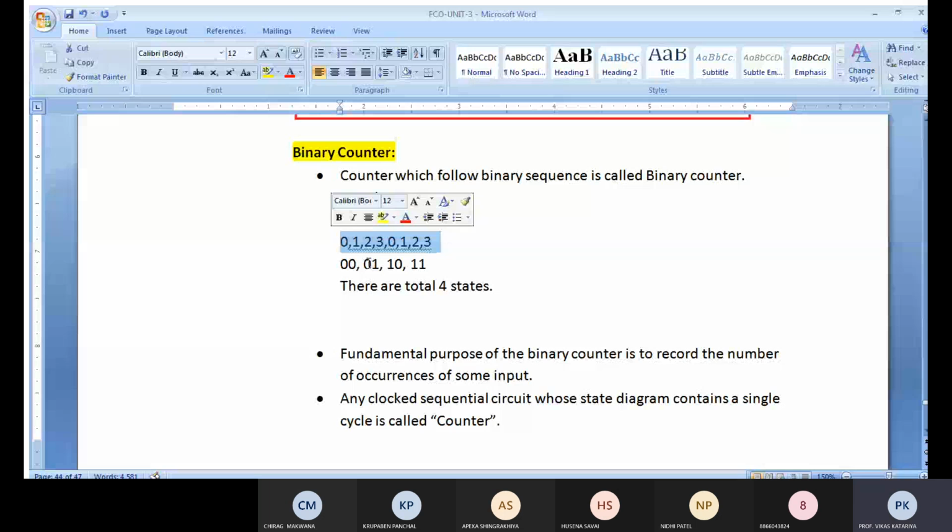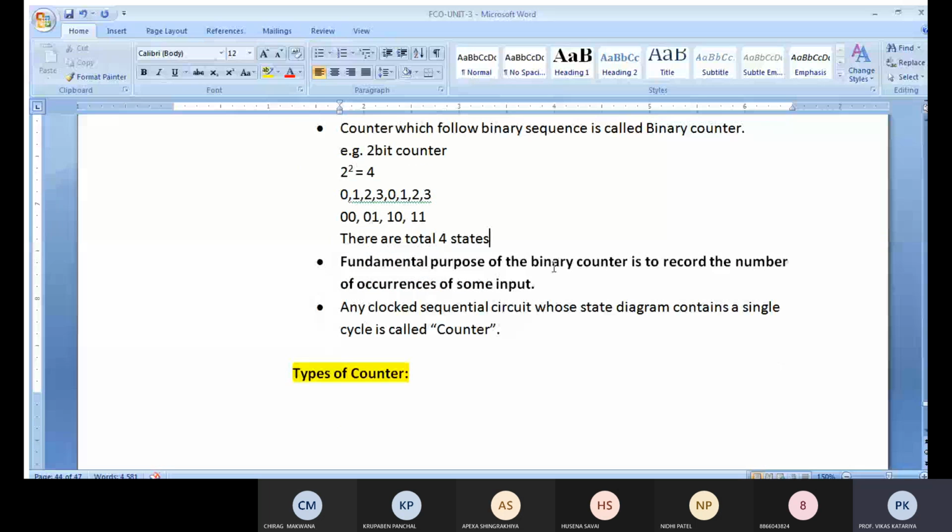The second point is the fundamental purpose of a binary counter is to record the number of occurrences of some inputs. It is used to record the number of occurrences. That means if one input is given to the program, then we can count how many times the single input is given. So we can count the total occurrences of the input.